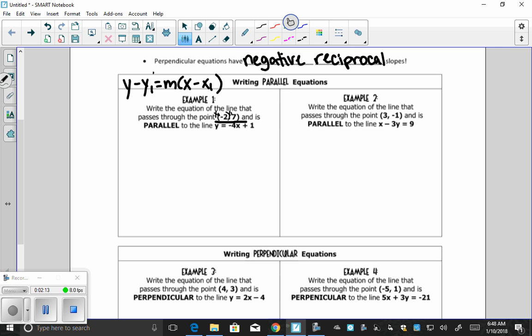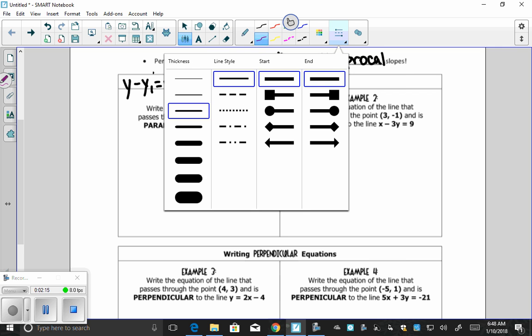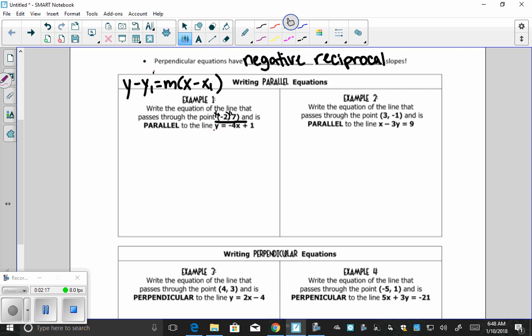The reason why they give you an equation is so that you can pull the slope from it. And remember, my slope is always in front of the x when it is in y equals mx plus b.